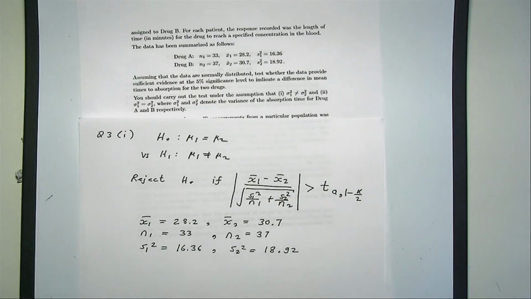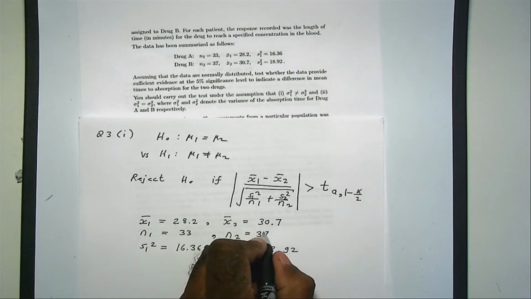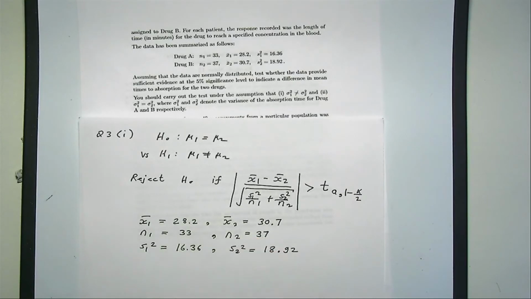Okay, right. Now, to do this test will be complicated because of the fact that A, the degree of freedom parameter, takes a really complex expression. Now, if you look at the sample sizes, which are 33 and 37, they are large. I mean, at least in statistics, anything above 25 is considered large, right? So you can approximate.